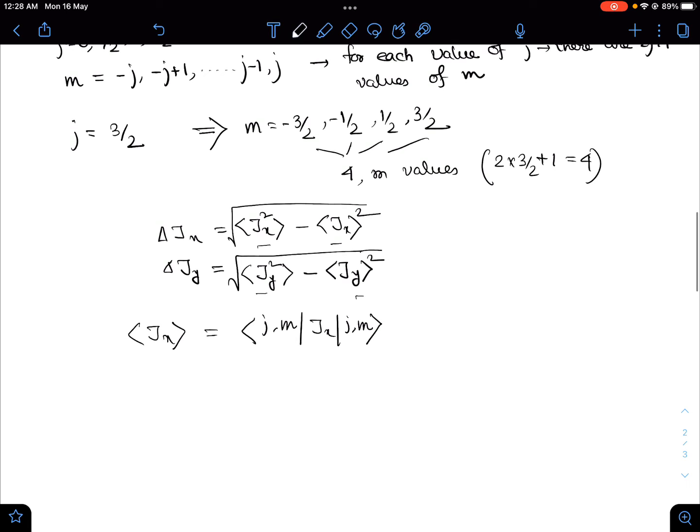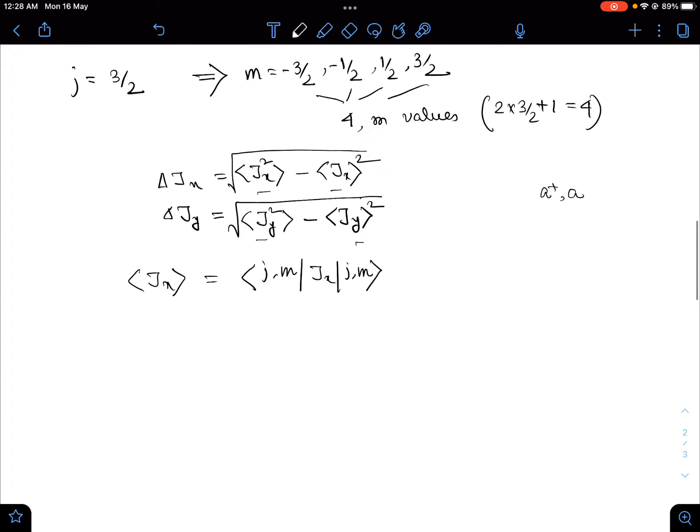Now, as in the case of the harmonic oscillator, where we have a raising operator and a lowering operator, in the case of angular momentum we can also define a raising operator and a lowering operator. So this is our raising operator, and this is the lowering operator.